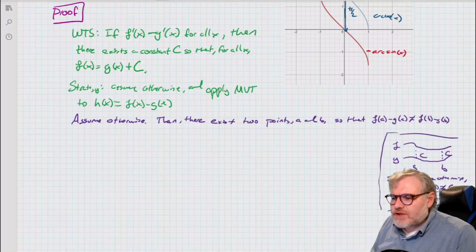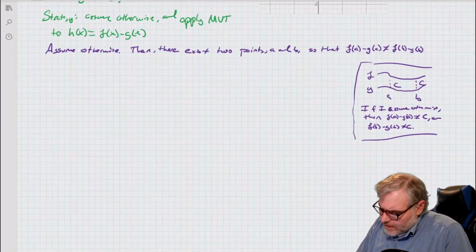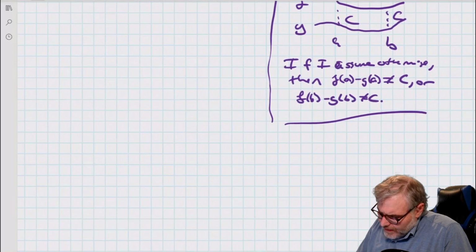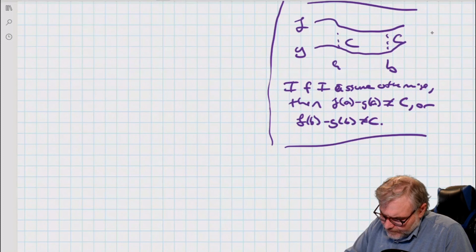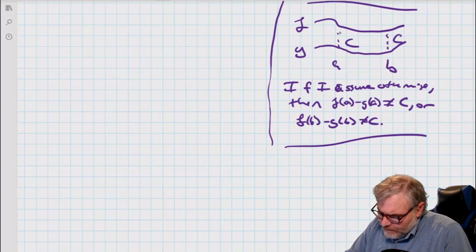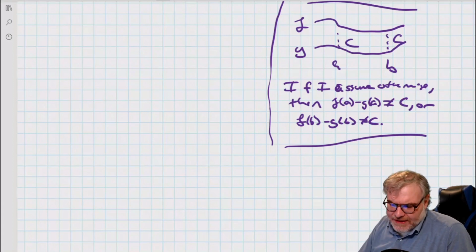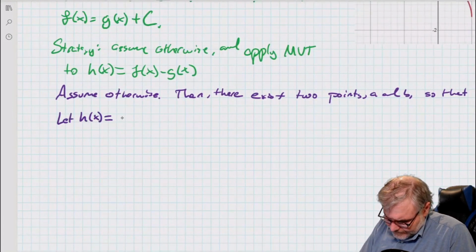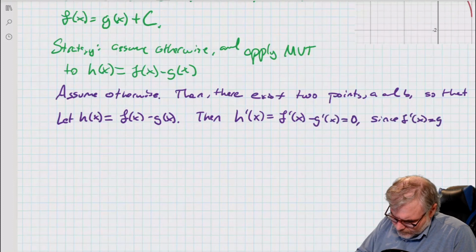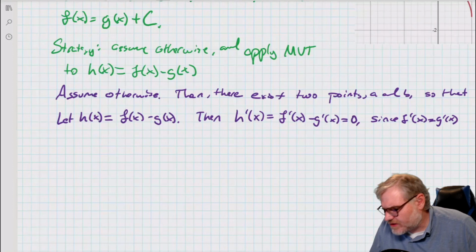So that's the idea. I'm assuming otherwise. If I assume otherwise, all of these things just differ by a constant. But that means that there is an a and a b which don't differ by the constant. That's what I'm saying. And then I'm going to let h prime of x equal f prime of x minus g prime of x.